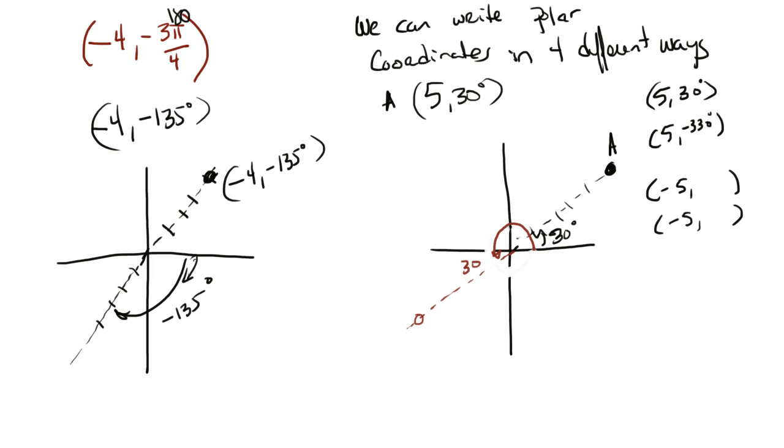So that's the positive angle. So it'll be a negative distance with a positive angle. And if that's 180, that means that was 210. So negative 5, 210. And then finally, I could have done the negative angle this way. And so that would be negative 5 with negative 150.